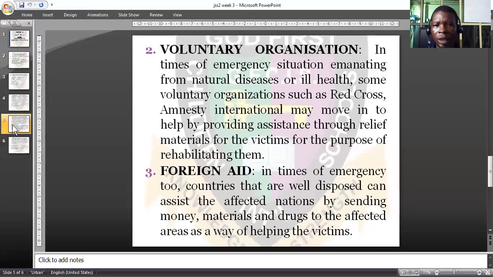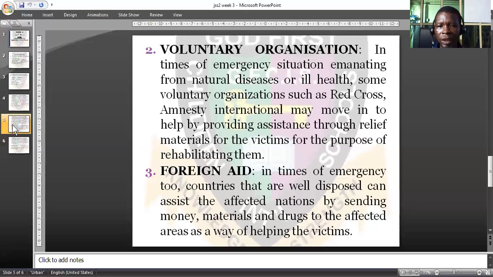In terms of emergency situation emanating from natural diseases or ill health, some voluntary organizations such as Red Cross, Amnesty International may move in to help by providing assistance through relief materials for the victims for the purpose of rehabilitating them.